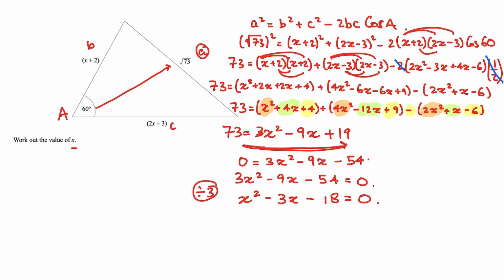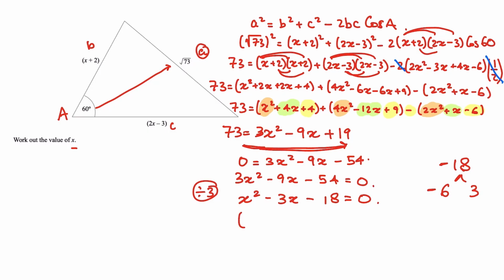And two numbers that add up together to give us minus 3 as well. As I said, we want to produce, when you add these two numbers, a negative 3. So that can be achieved by doing minus 6 plus 3.